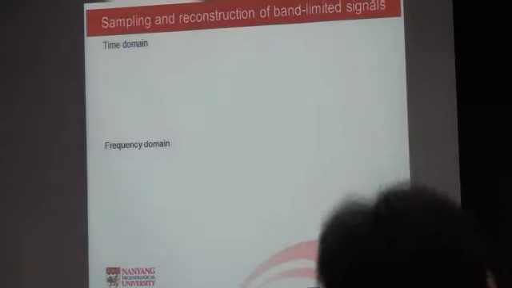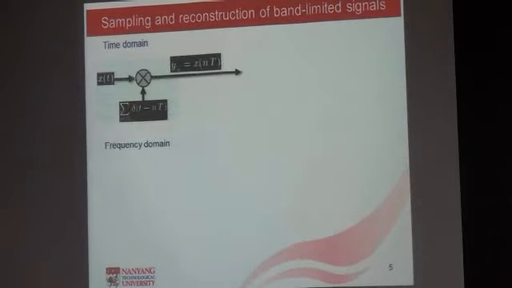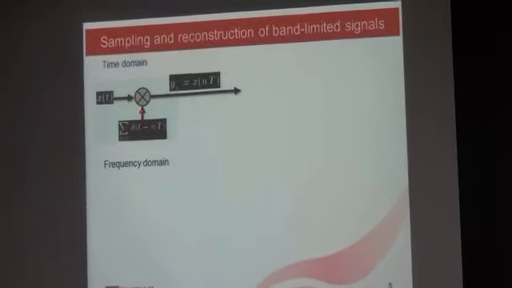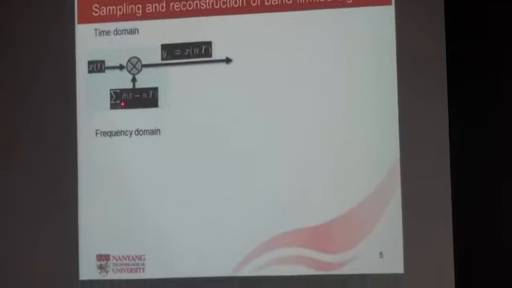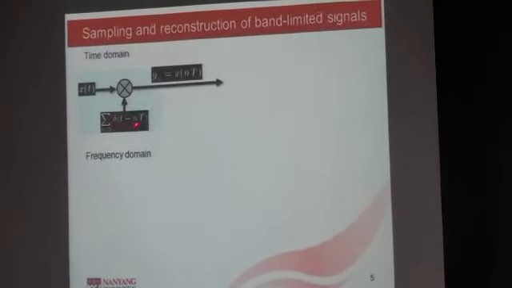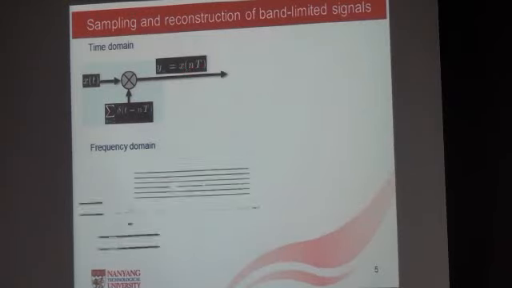So if we look at it from a system point of view, in the time domain, we have a continuous time signal x of t, which gets multiplied by a uniform stream of Diracs, or a comb, that is uniformly spaced. And when you multiply these two signals, you're going to get a uniform set of samples.